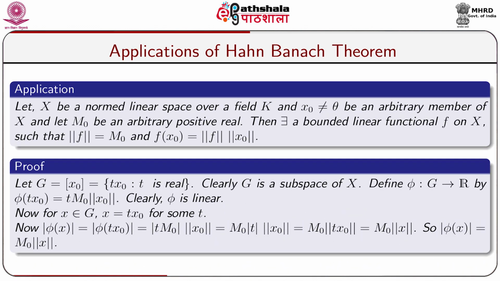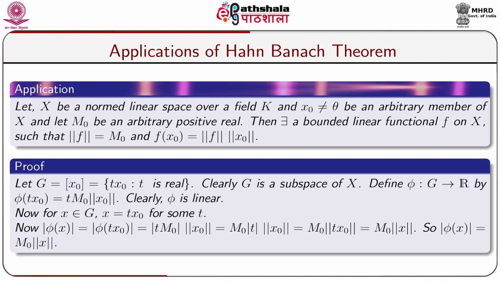So, we get another application. Let capital X be a normed linear space over a field K, where K may be either the field of reals or the field of complex numbers, and x0 not equal to theta, that is x0 is a non-zero element of capital X, and let m0 be an arbitrary positive real.